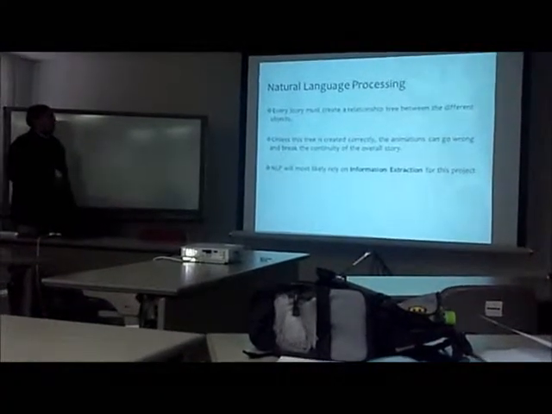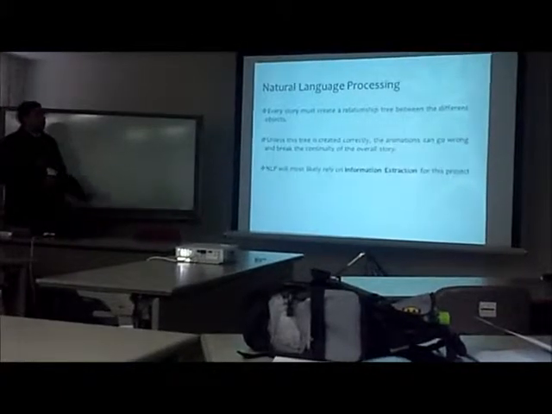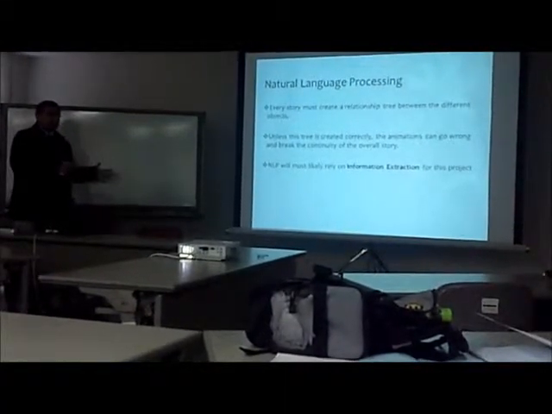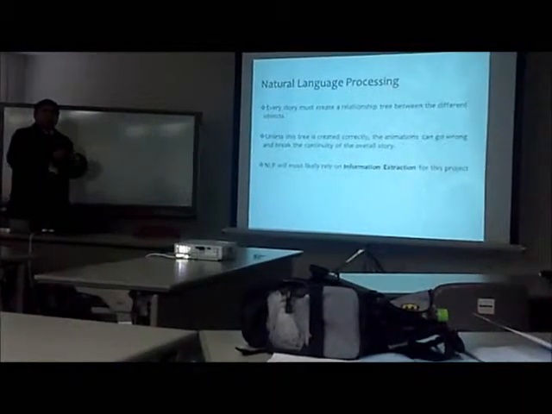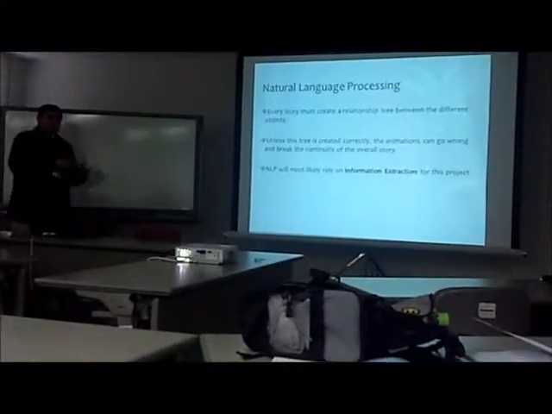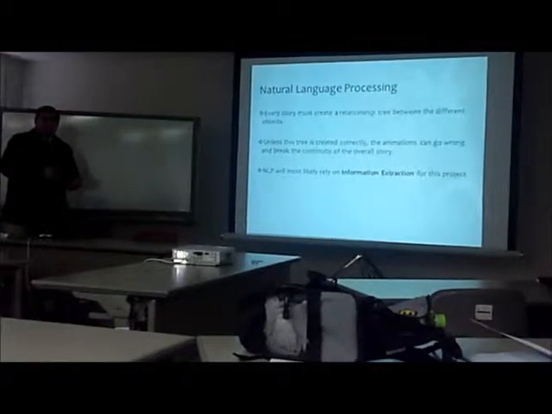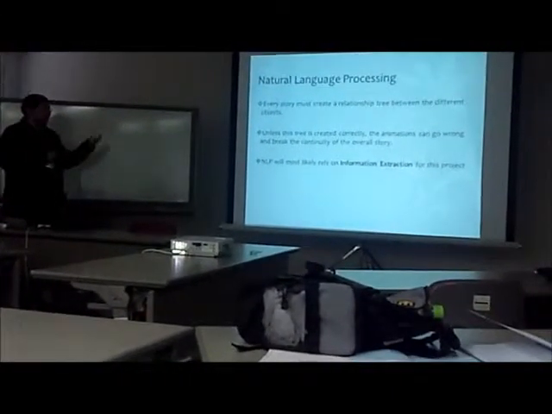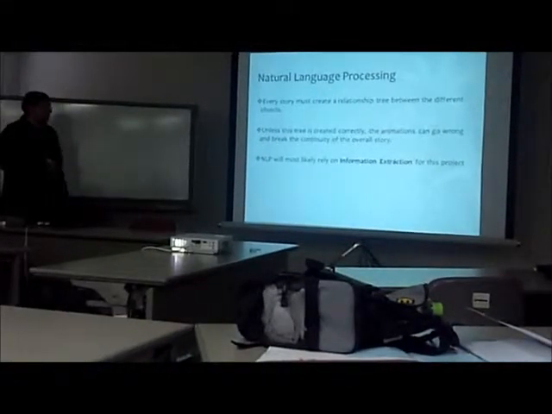So every story, when we tell that story, we should make a relationship tree so that every object has a relationship to a certain object. It needs to find that out through the text, and that will be done through natural language processing. And once all the relationships have been found, it creates the object.